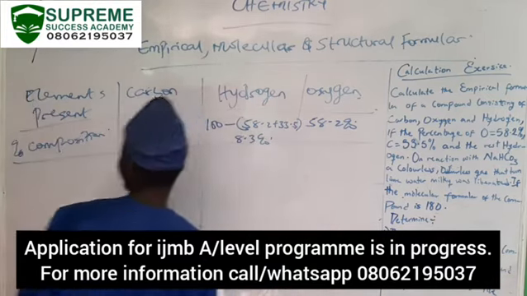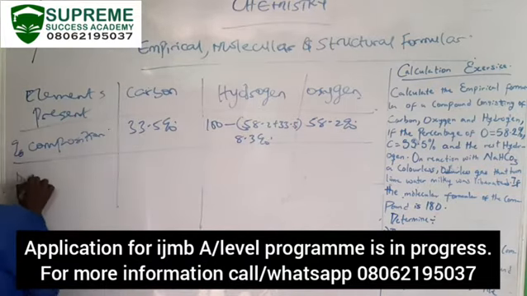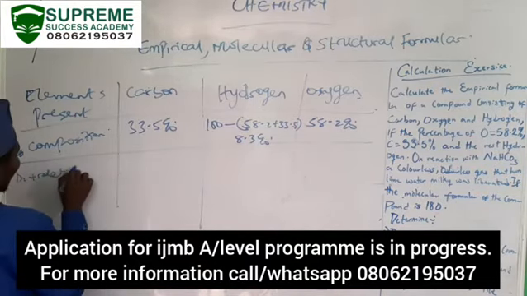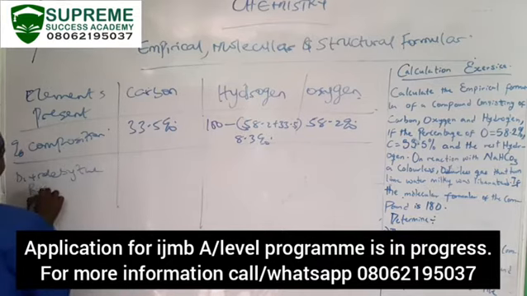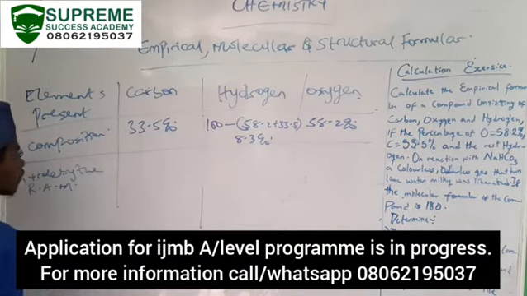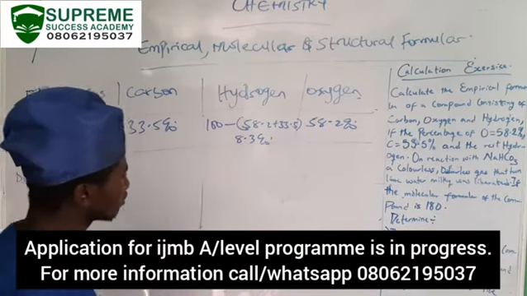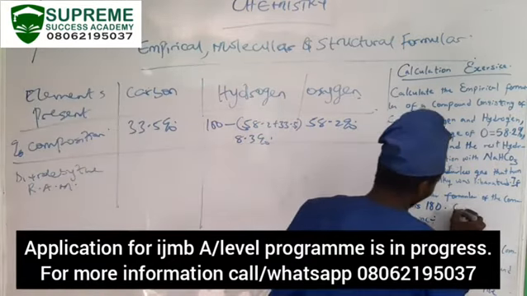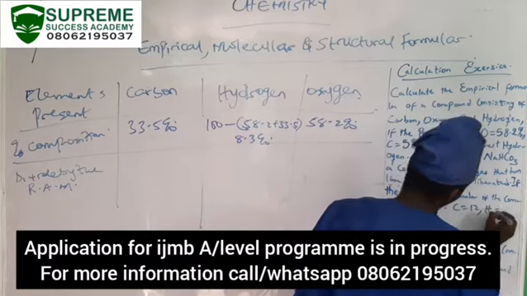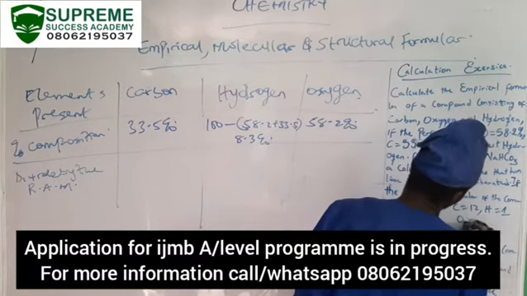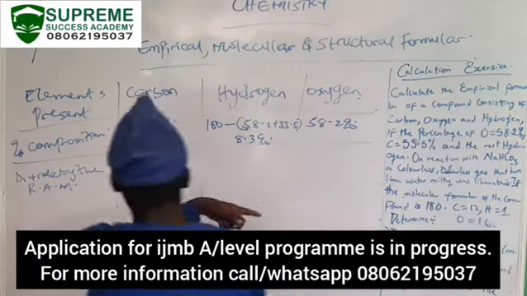After we've determined this, the next thing to do is to divide by the relative atomic mass, RAM. In most of your questions, they would have given you carbon equal to 12, hydrogen equal to 1, and oxygen equal to 16. So we divide by each of those values.